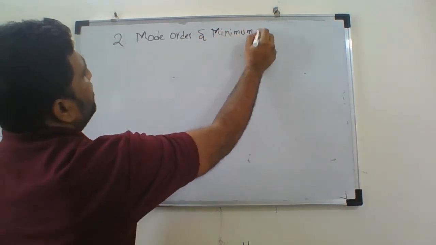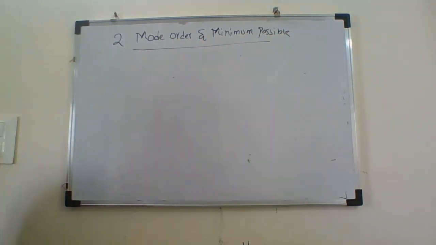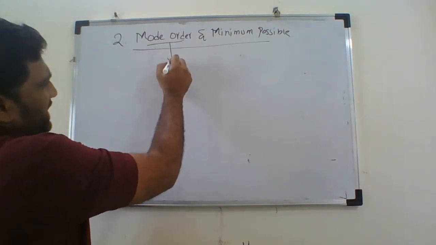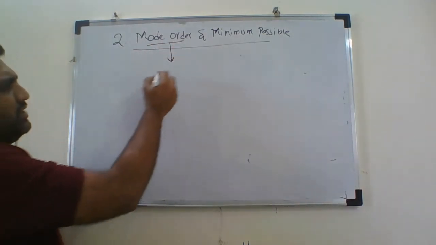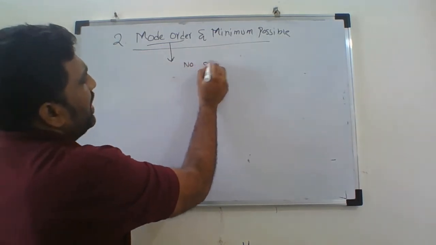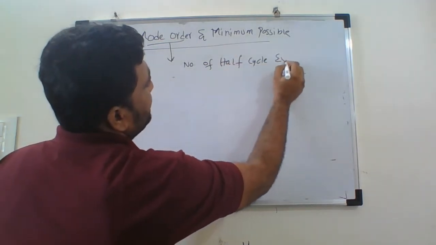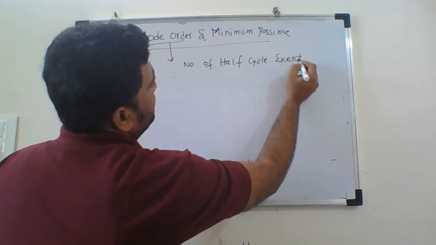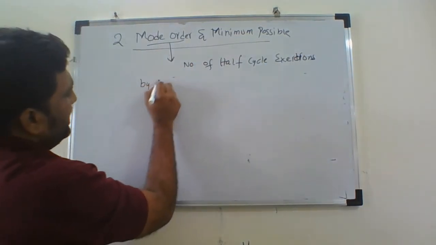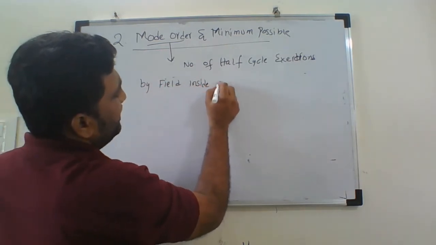As I just told you, what is meant by mode order here is generally defined as the number of half cycle variations made by the field inside a waveguide.